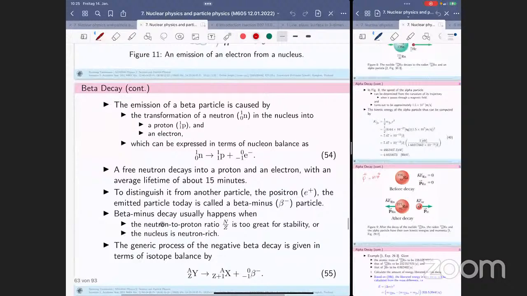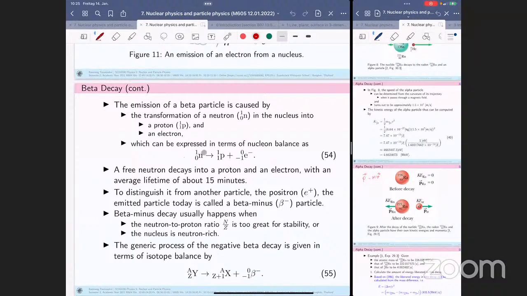In beta minus decay, when does it usually happen? When the nucleus has too many neutrons, or it's called neutron-rich. It's full of neutrons.